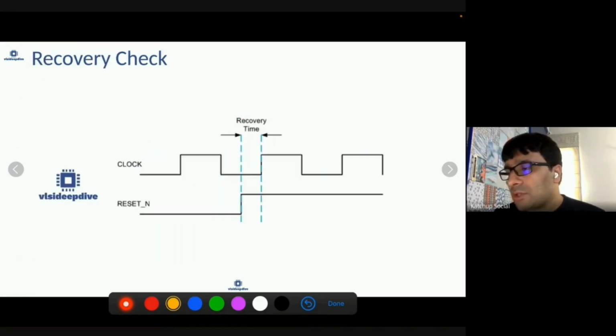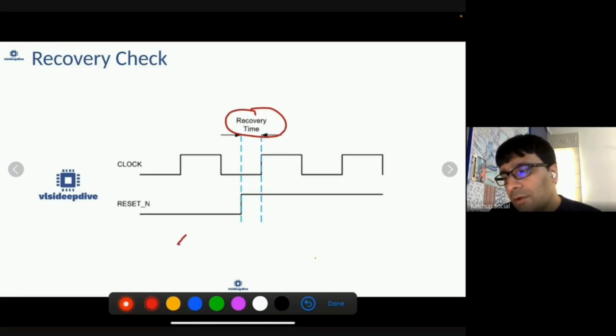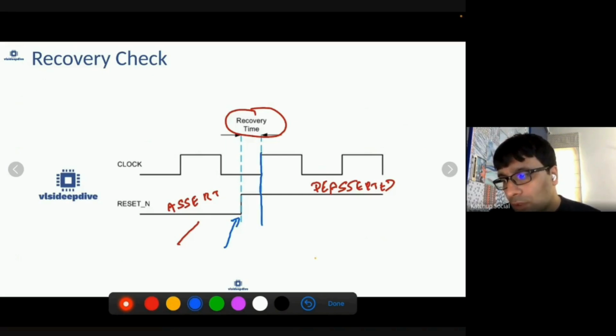So what are those timing checks? The first check is recovery time. What is recovery time? Here reset is in the asserted phase, and this is when it's de-asserted. This de-assertion, in this case going from 0 to 1, should not happen very close to the clock edge.